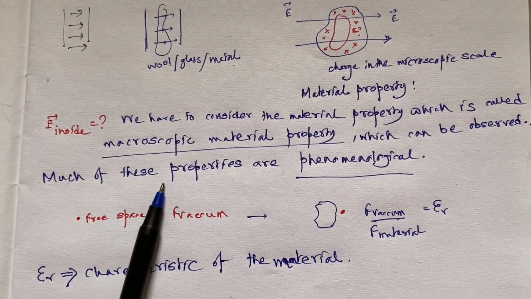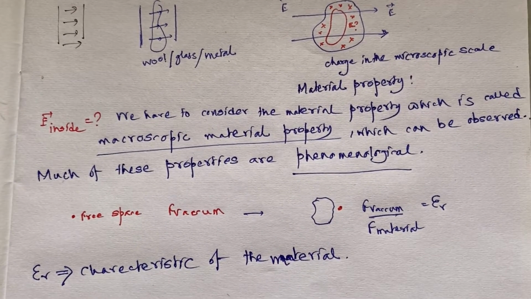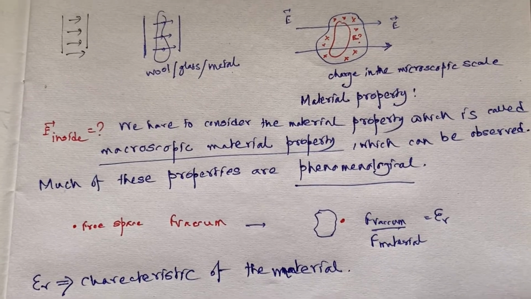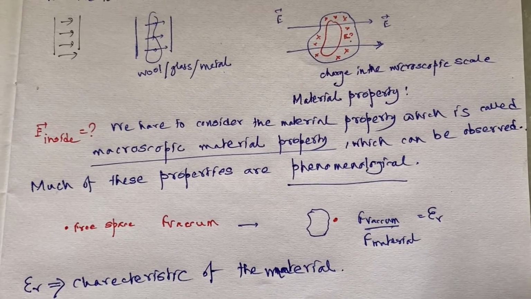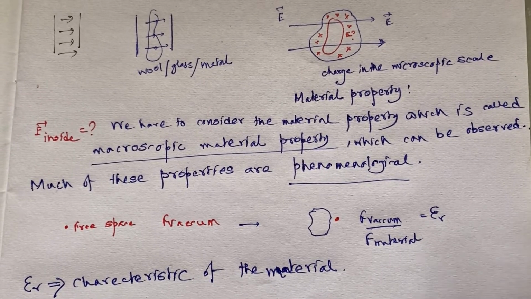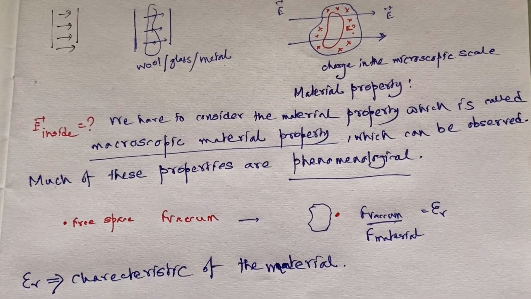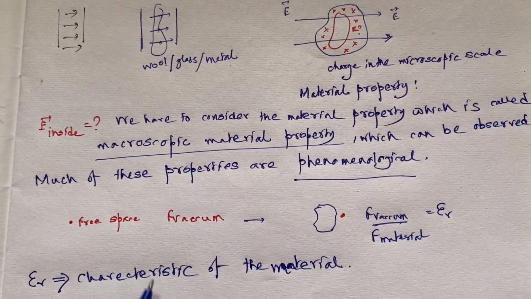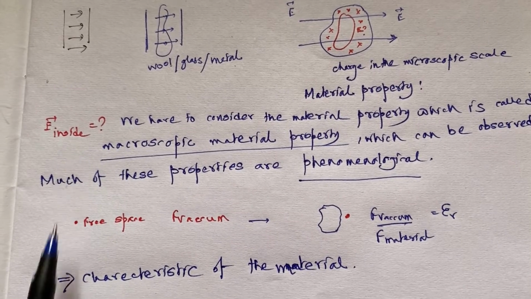And all these material properties are phenomenological, because we observe a phenomenon and then decide what the property of the material is. And as those properties are characteristics of a particular material, from observing some phenomena, we can estimate those material properties, and hence we can estimate the electric field inside.